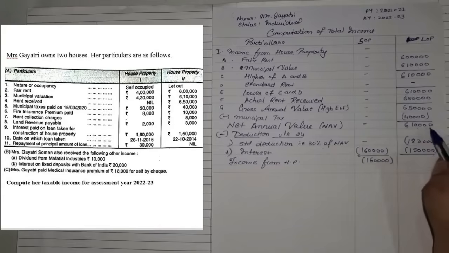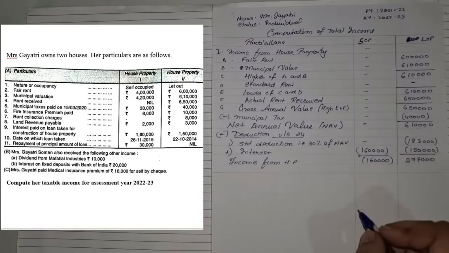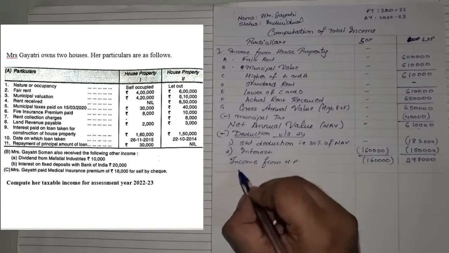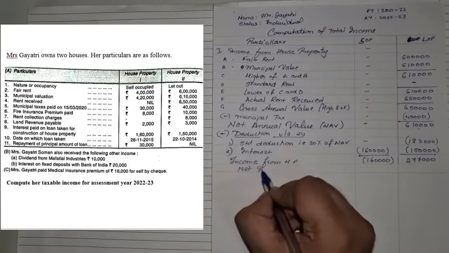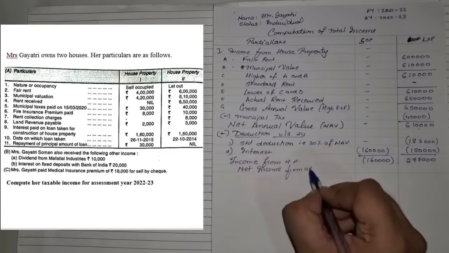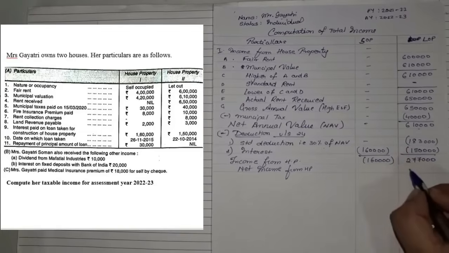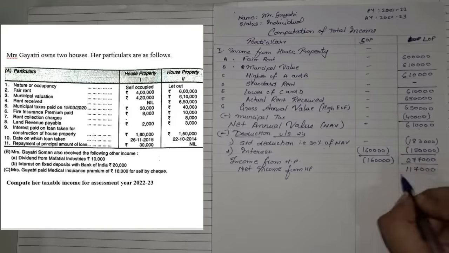For LOP it will be 6,10,000 minus, so you get 2,77,000. Okay, and your final value, that will be net income from house property, which is positive 2,77,000 minus 1,60,000, which comes to 1,17,000. That's your income from house property.